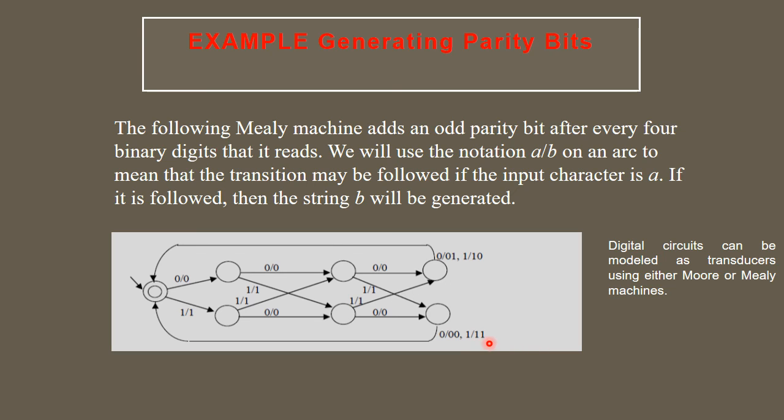So that's why you output 2 ones. So this is the example of generating parity bits using Mealy machine. And for example, you can consider a digital circuit which can be modeled as a transducer using either Moore or Mealy machine.